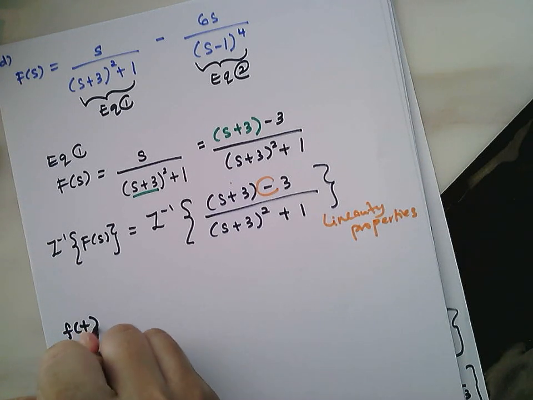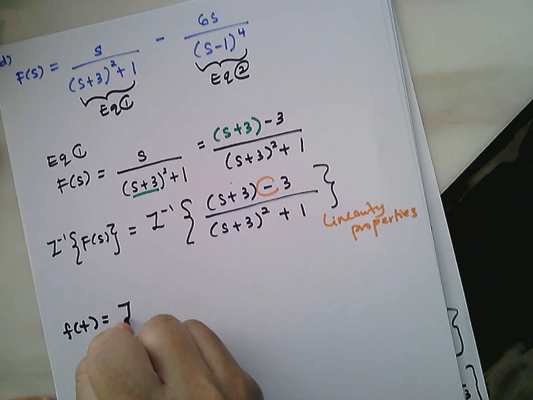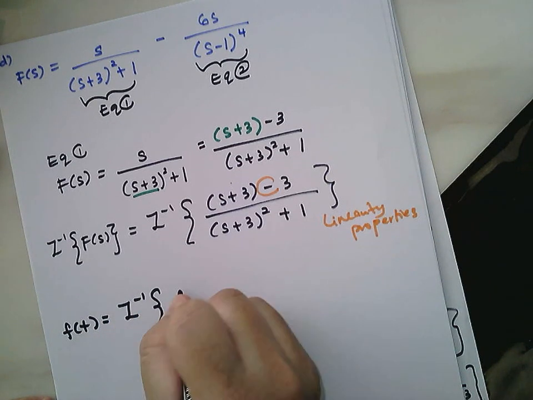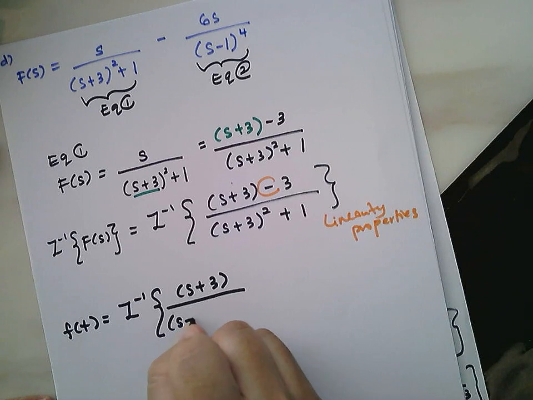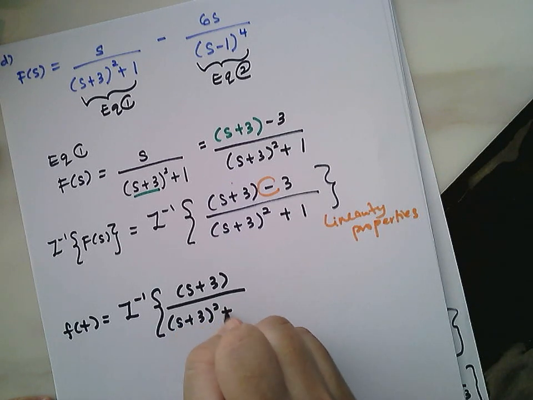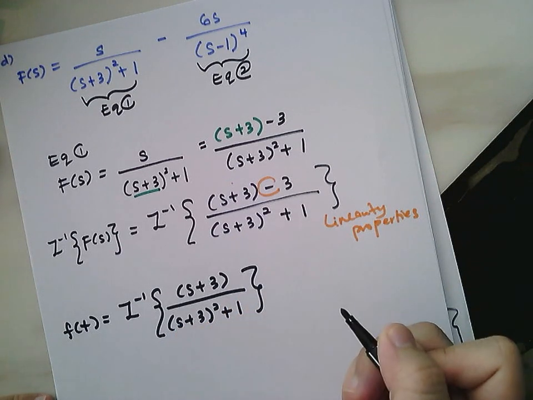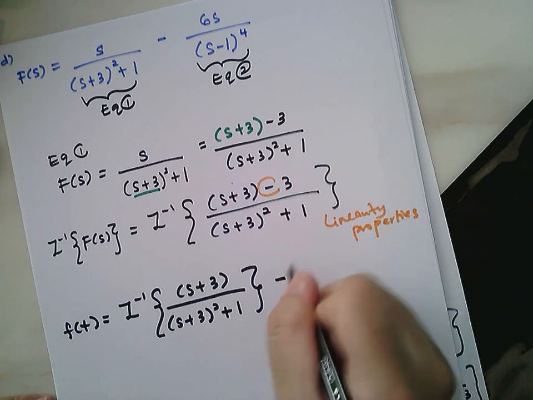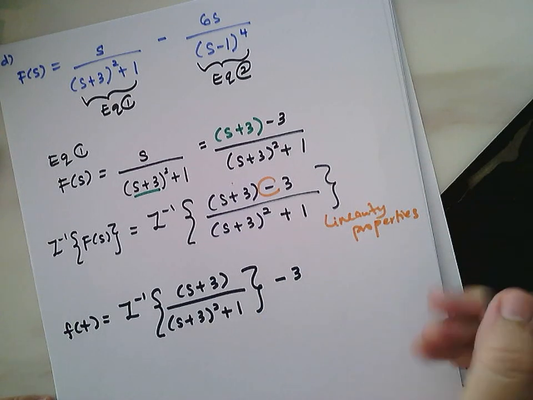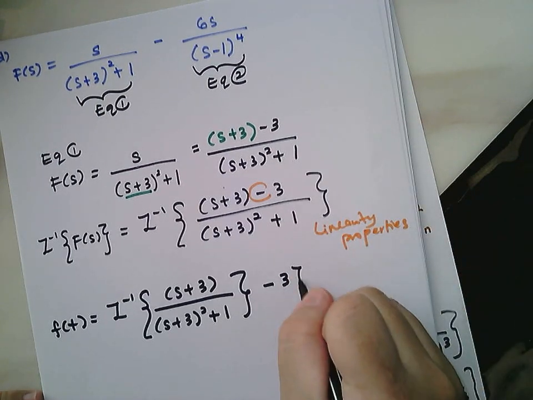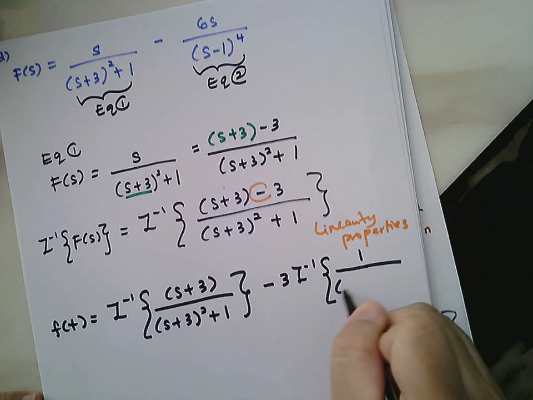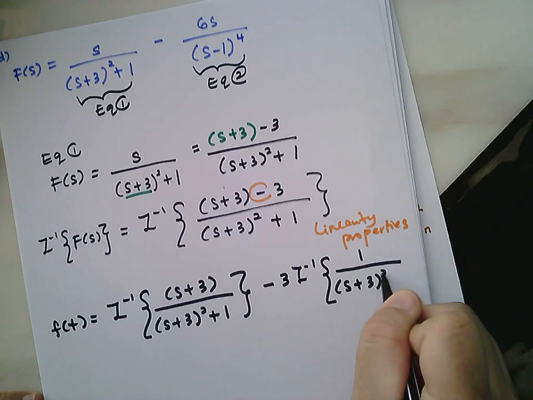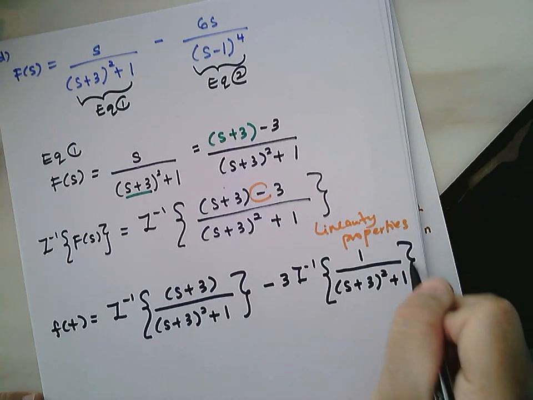So by applying linearity properties, the inverse will have f(t) equal to, the first function, (s plus 3) over (s plus 3) squared plus 1, minus 3, inverse of 1 over (s plus 3) squared plus 1.